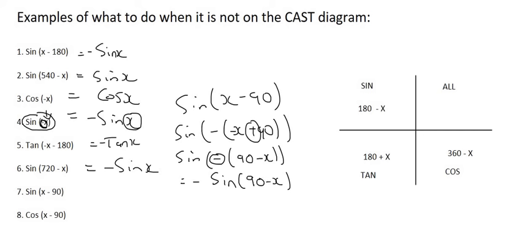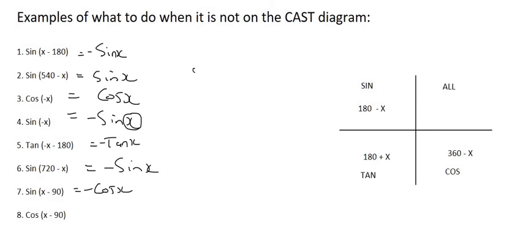Okay, now on the previous slide we said that the sin of 90 minus x, remember these are the ones that just switch to the opposite, so we're just going to switch it to a cos, and we don't have to change the signs because the sin of 90 minus x simply becomes cos x, and the negative was already there. Okay, now I know that's a little confusing. I'm going to do the next example.